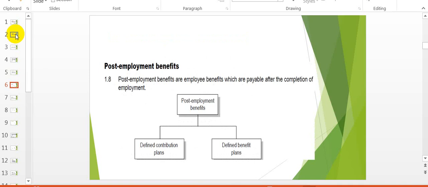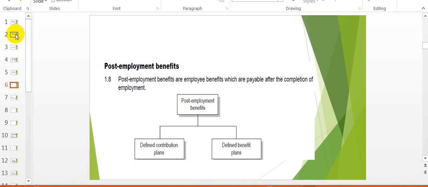We now move to post-employment benefits, which are benefits for employees which are payable after the completion of employment. These are divided into two, namely defined contribution plan and defined benefit plan.